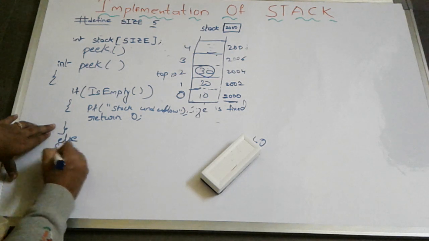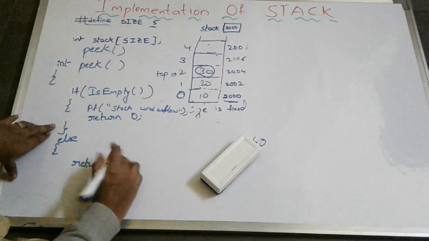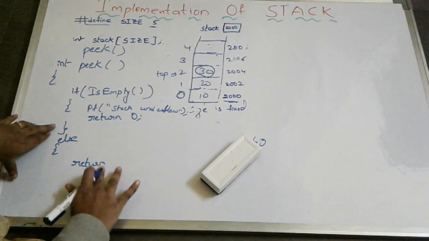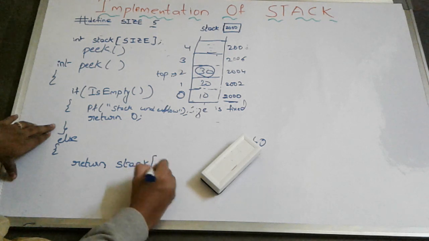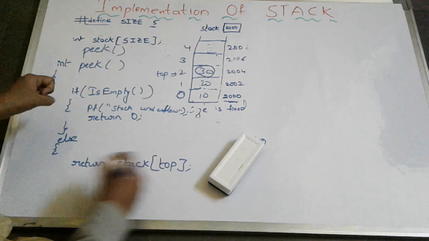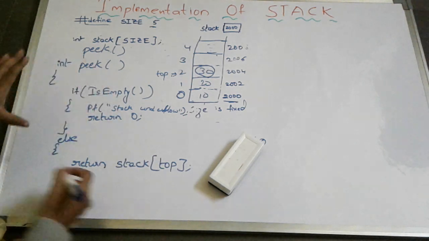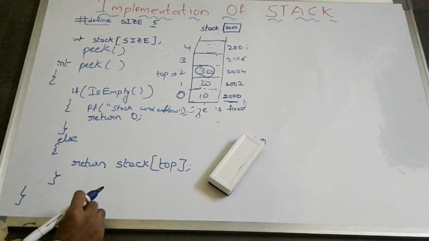Else we are returning stack of top, but we don't decrement the top value here. That's all. This is the peek statement.